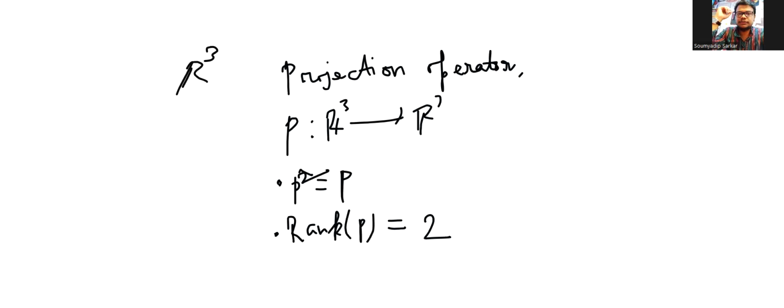I'm interested in the Grassmannian Gr(2, R^3). So I'll be looking at projection operators from R^3 to R^3. What are those? Those are just idempotents, P squared equal to P, rank of P equal to 2, and then the image of P will be that two-dimensional subspace.